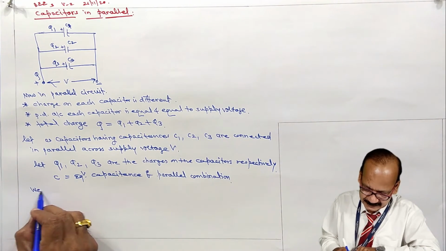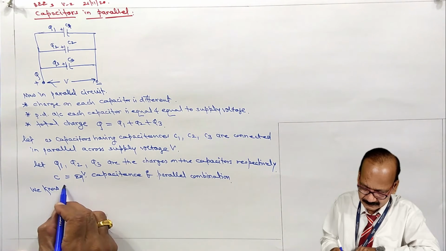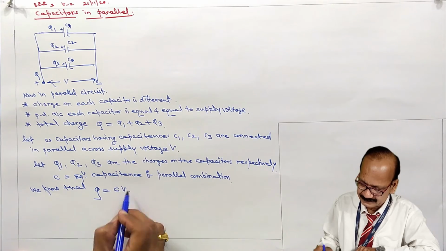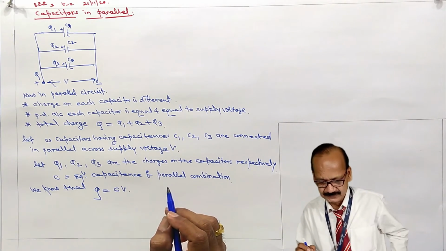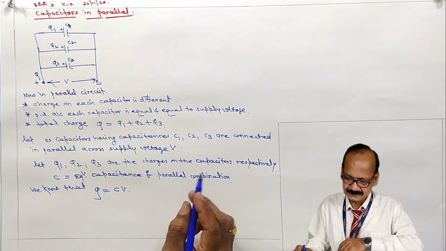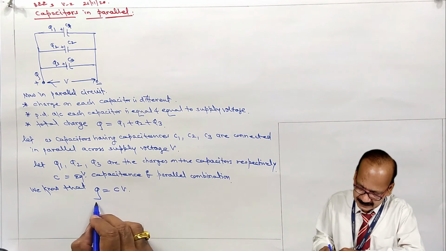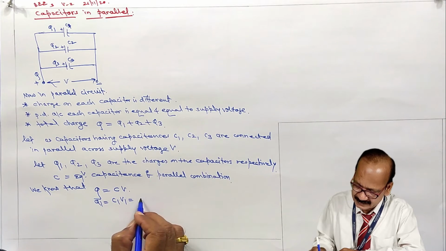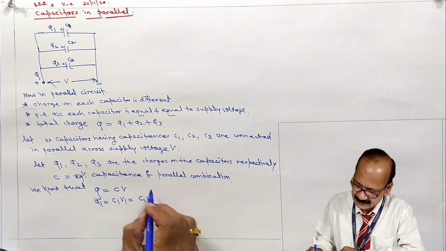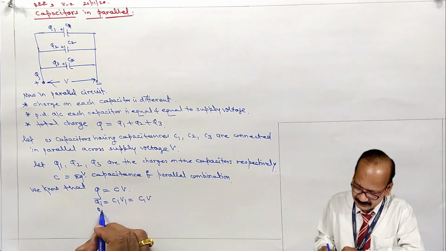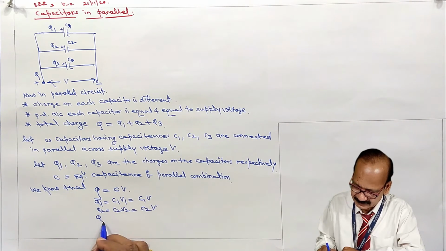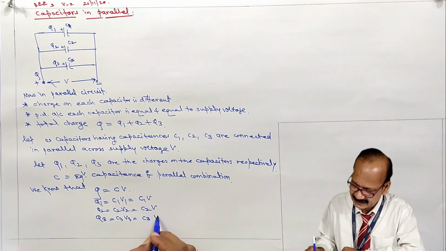Now we know that Q equal to CV, and Q1 equal to C1 Phi1 equal to C1 Phi. Q2 equal to C2 Phi2 equal to C2 Phi. Q3 equal to C3 Phi3 equal to C3 Phi.